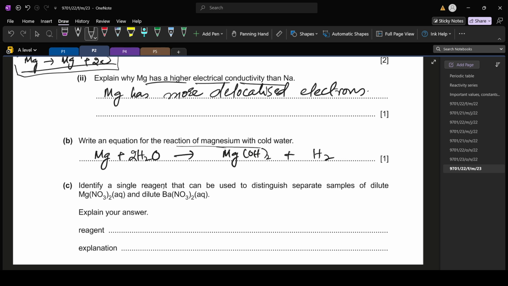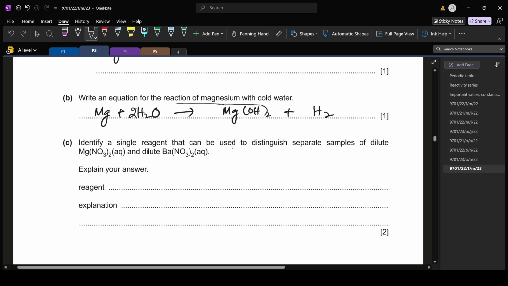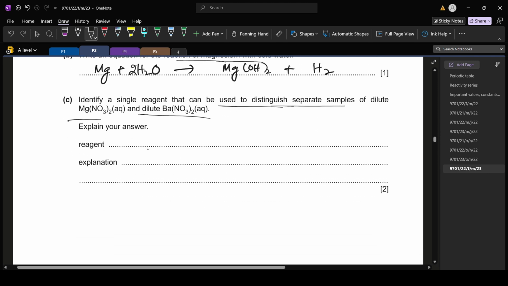Now identify a single reagent that can be used to distinguish separate samples of dilute magnesium nitrate and dilute barium nitrate. Explain your answer. So you have to distinguish these compounds.